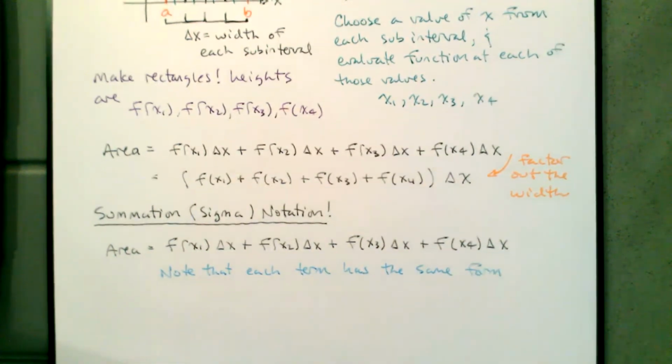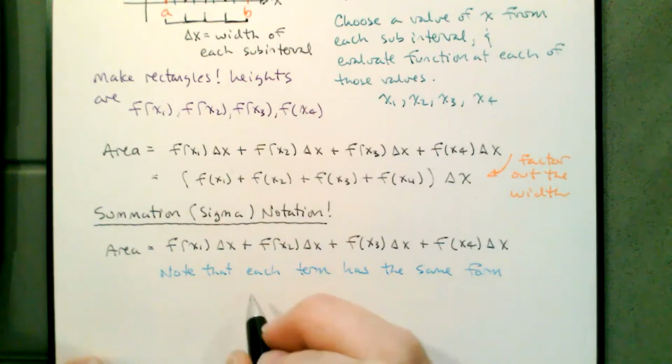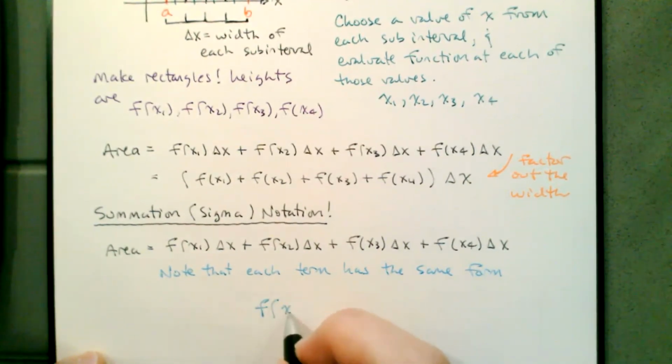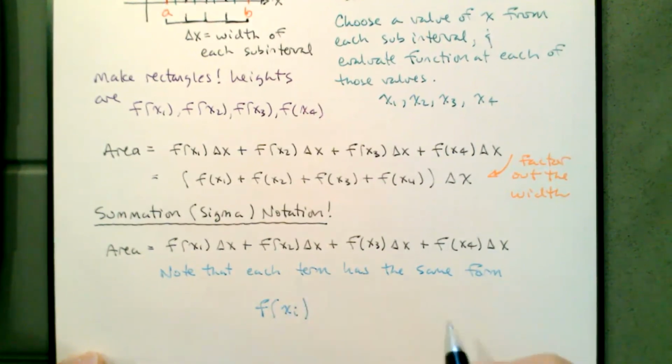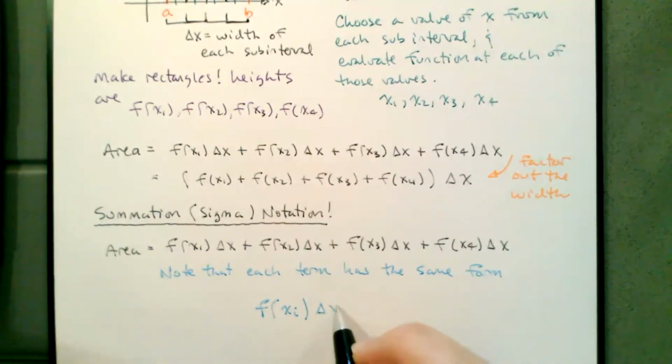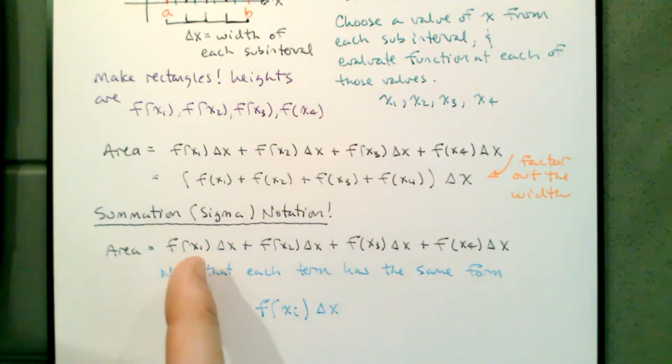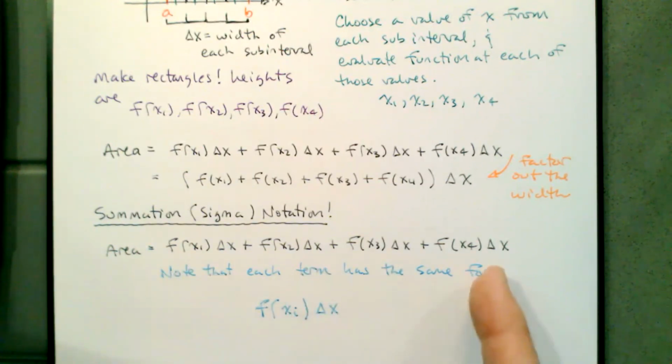The form of each term is f at x sub something times a delta x. All four terms have the same form, f at x sub something times delta x. So since all the terms look the same, the only thing that's changing is the index x1, x2, x3, x4.